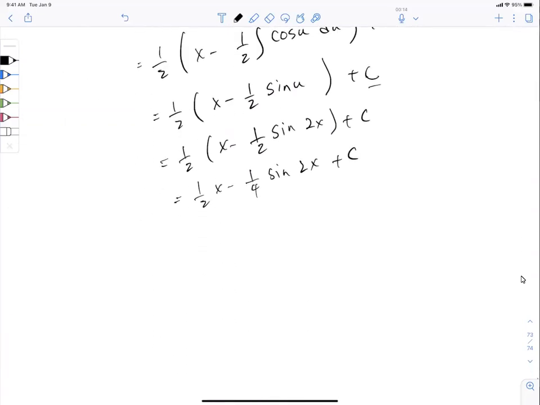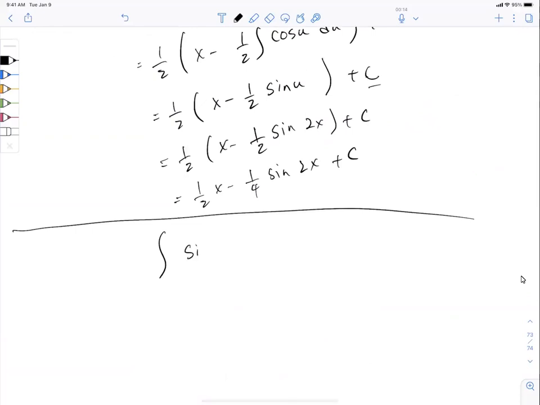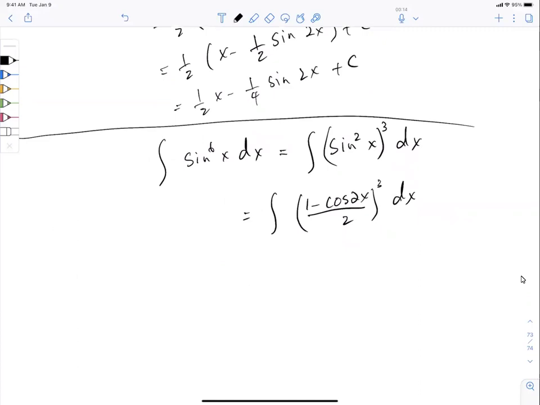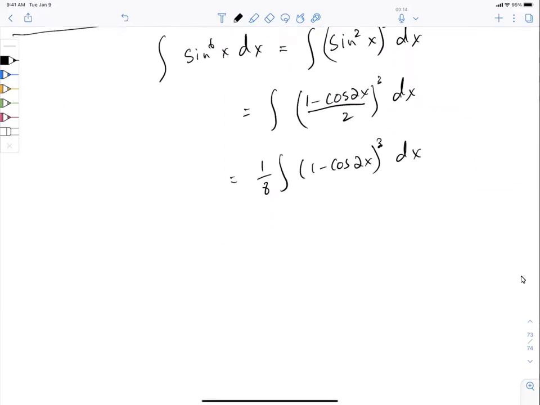Now, if it was sine to the, say, 6th of x, as I said, this is not pleasant, but you still can do this. You write it as sine squared to the 3rd. And then for sine squared, you write it as 1 minus cosine 2x over 2. And then, of course, 1/2 cubed is 1/8. And then you have to cube what's inside.